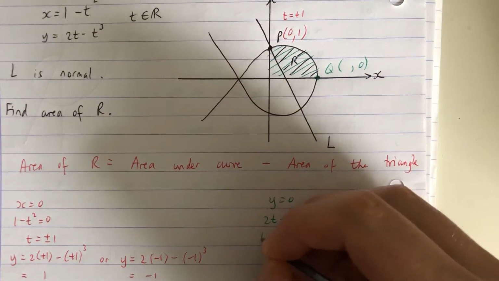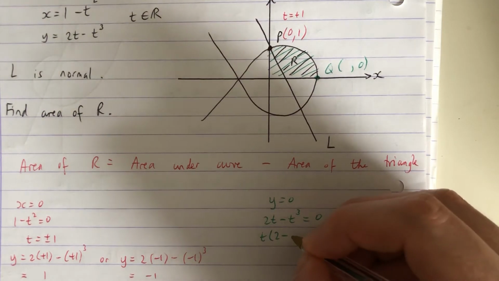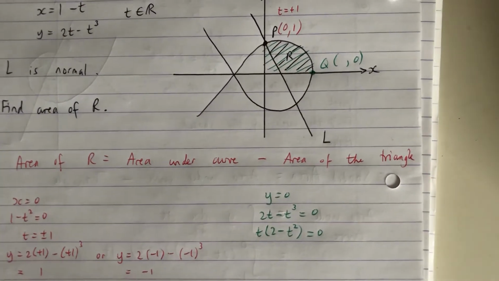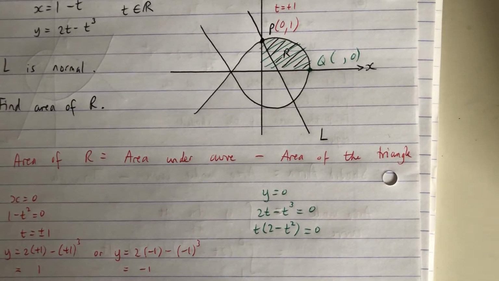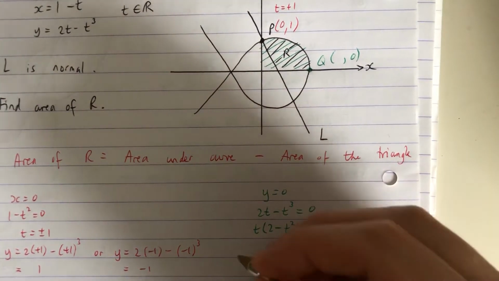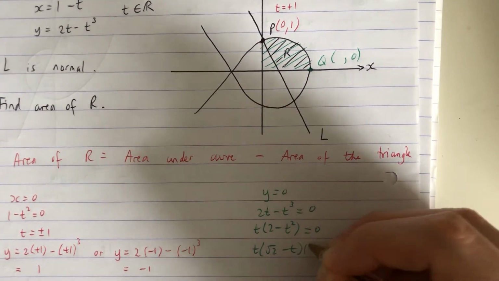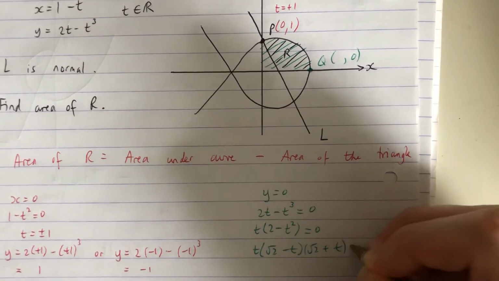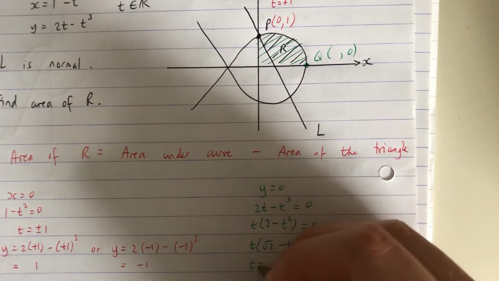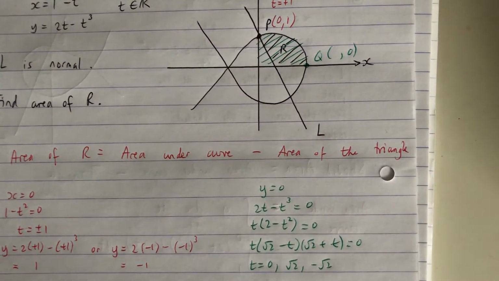Factorise: t brackets 2 minus t squared is equal to 0. Remember, this is a cubic and you expect 3 answers. You can use the difference between two squares: t brackets root 2 minus t, root 2 plus t is equal to 0. And you end up with 3 answers: 0, root 2 or minus root 2.